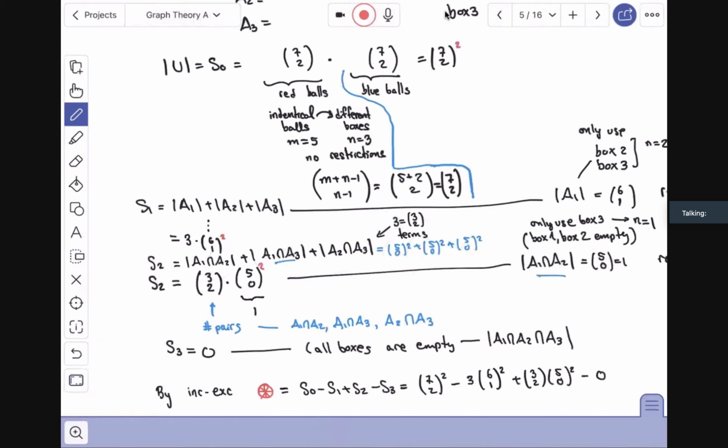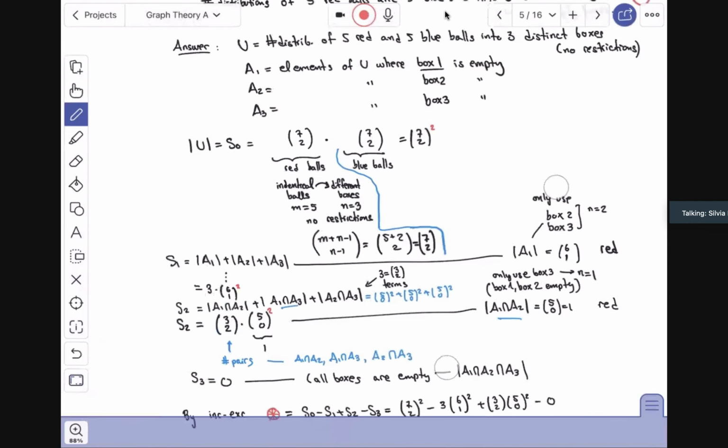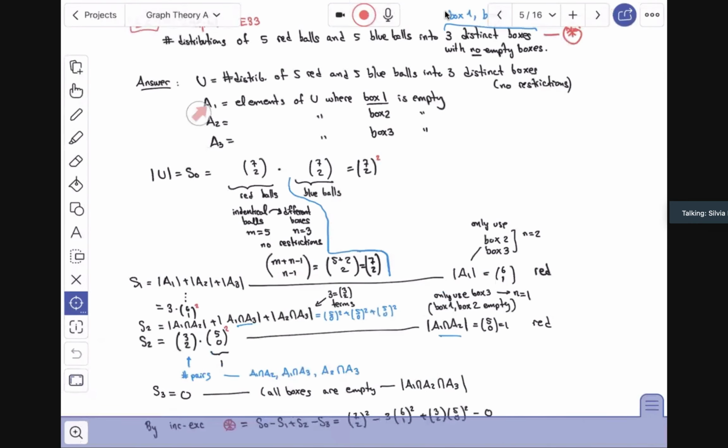So is that value just going to be 3 no matter what? Yes, when you have 3 sets here. If I had 4 boxes, the pairs, that's why I wrote it like this, because I could have said just 3 times. But if you have 4 boxes, then the pairs are going to be 4 choose 2.